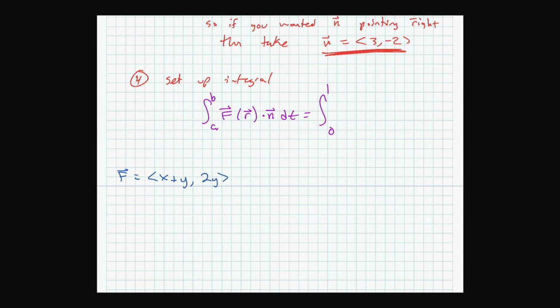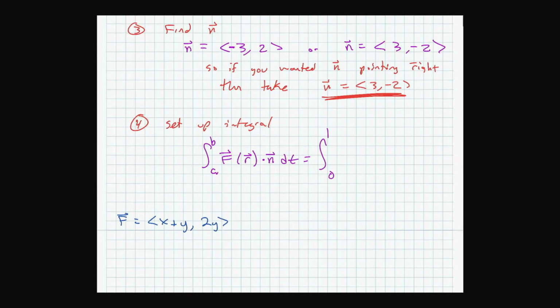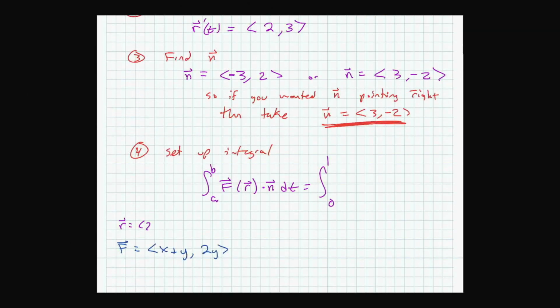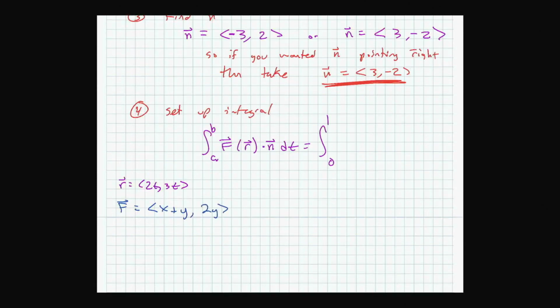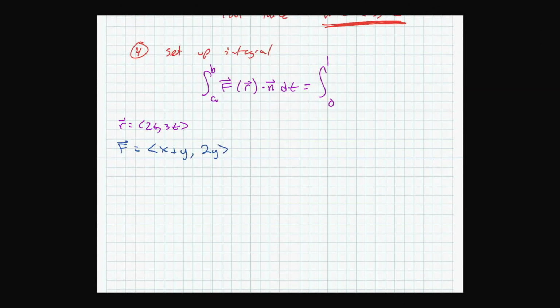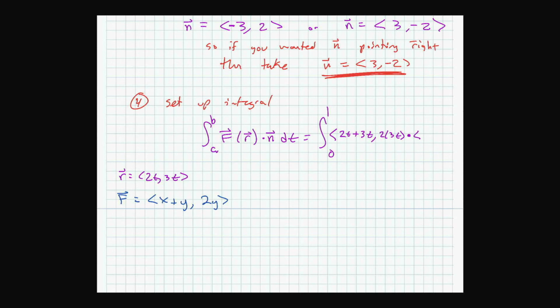We have this, and r was 2t, 3t, yeah. So when we plug that in, f of r, we're going to get the vector x plus y is 2t plus 3t, comma 2y, which is 2 times 3t. Then dot product with the normal vector, which we're going to use 3, negative 2, because we said so. So that's f of r dot n, and there you go.